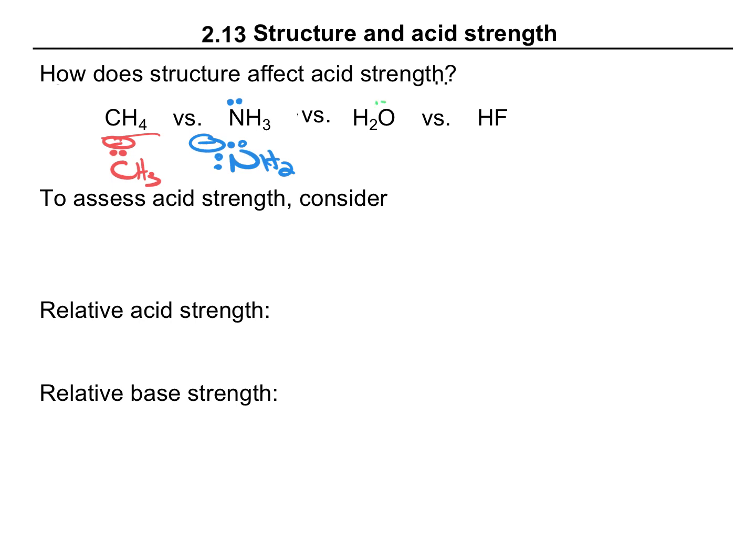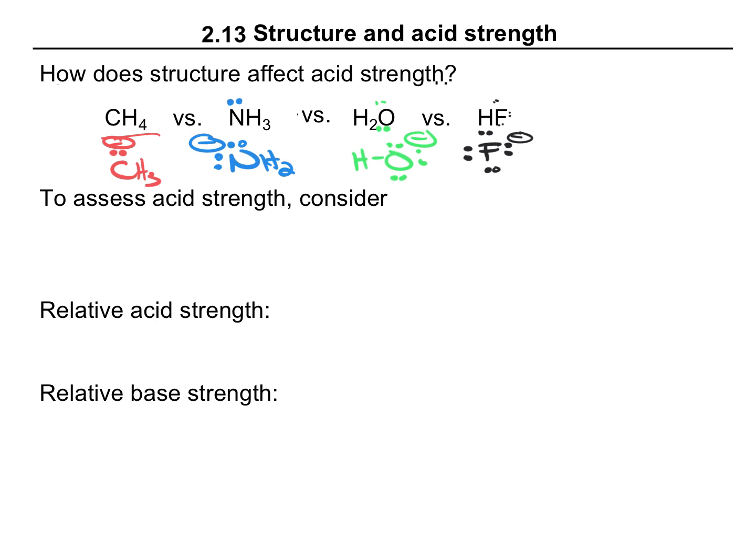For water, we're starting out with two lone pairs. If a base grabs off a proton, we will have hydroxide as the conjugate base. And in the case of HF, if a base grabs off a proton, we will be left with F-, because we're starting with three lone pairs on the fluorine.